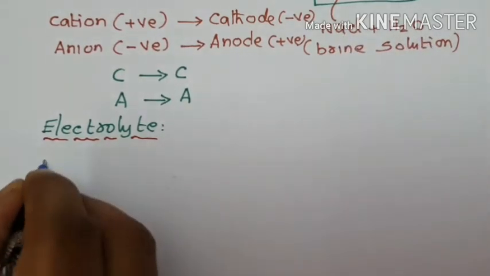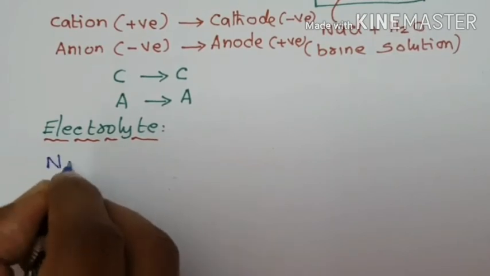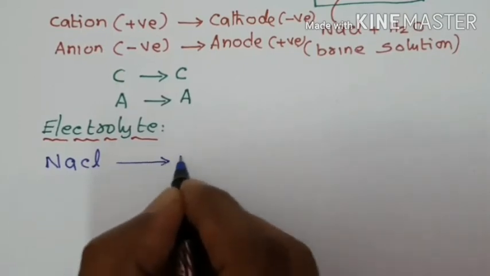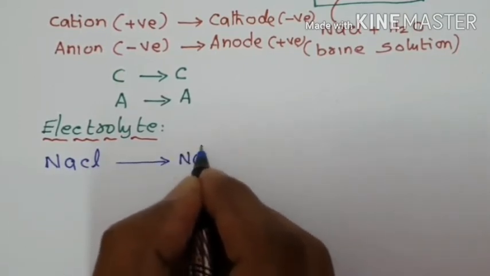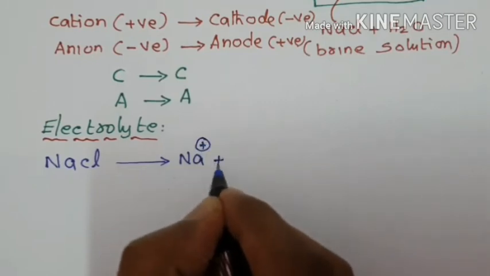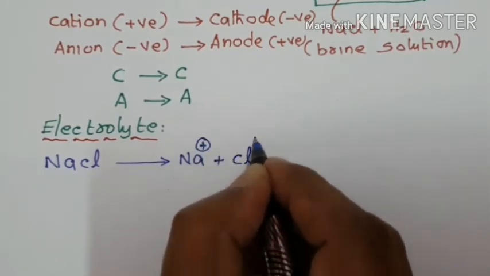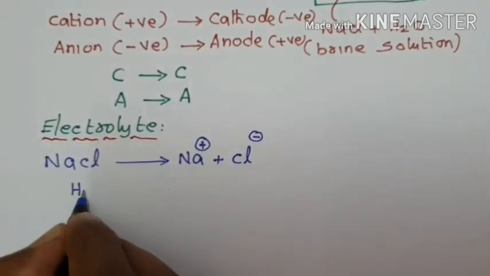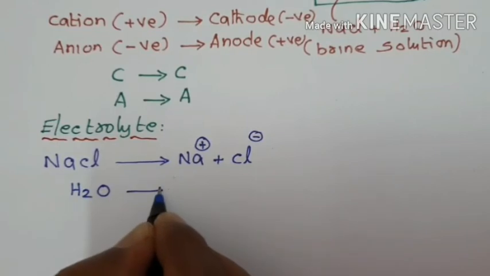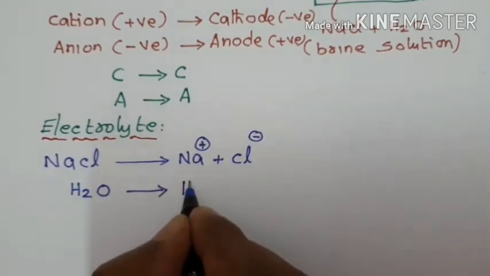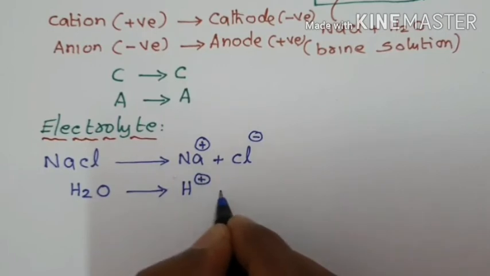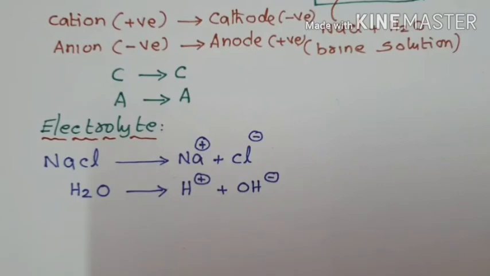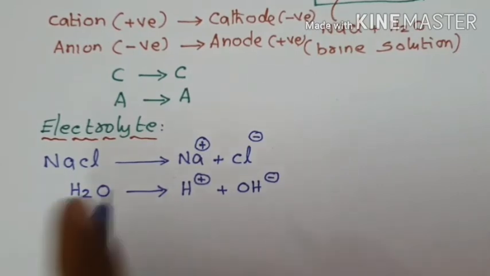Sodium chloride, NaCl, in the presence of current undergoes ionization and gives Na+ ion and Cl- ion. Like that, water, H2O, undergoes ionization and gives H+ ion and OH- ion.